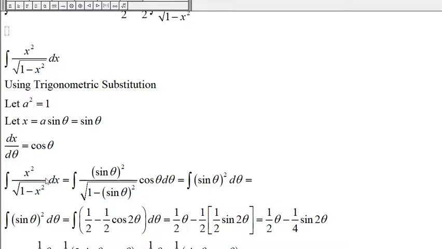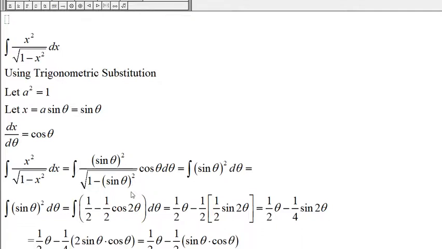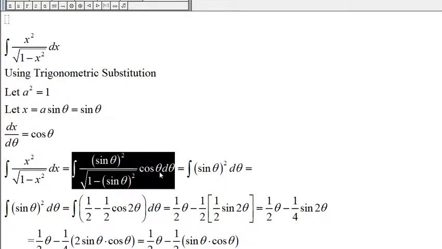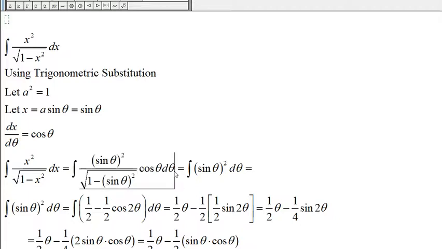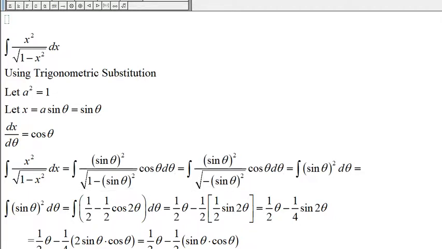And now we'll make the substitution. x is sine of theta, x squared will be sine squared theta. And then here we have 1 minus x squared, which is 1 minus sine squared. But recall that 1 minus sine squared is cosine squared.